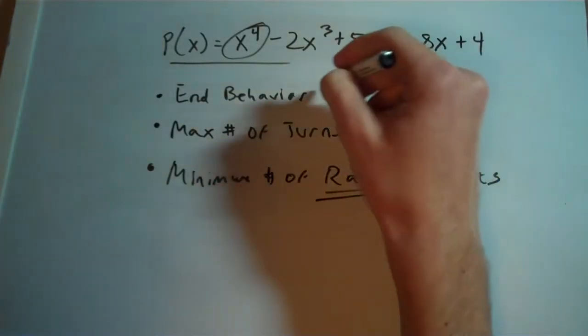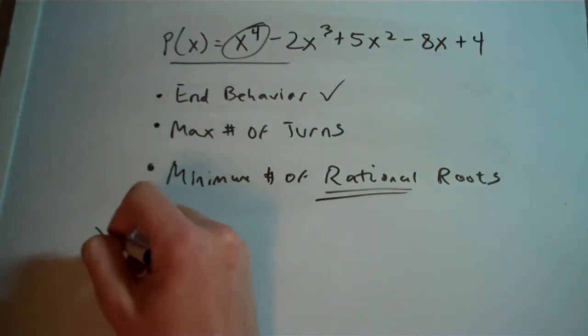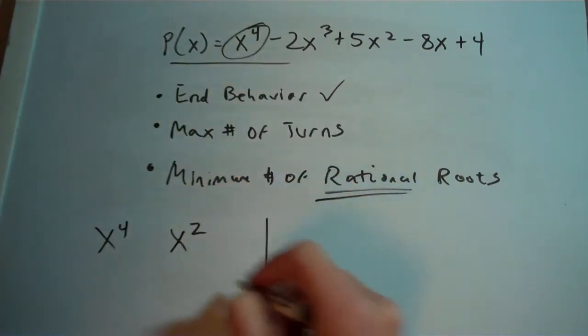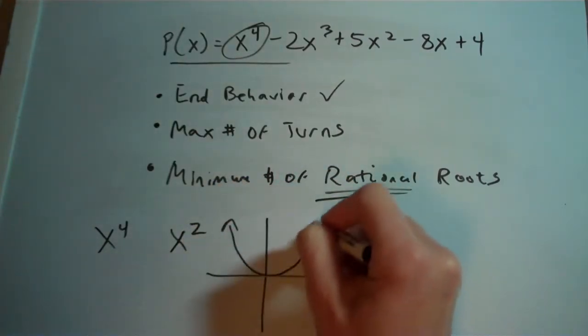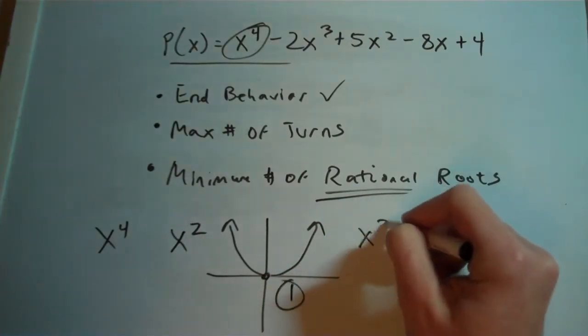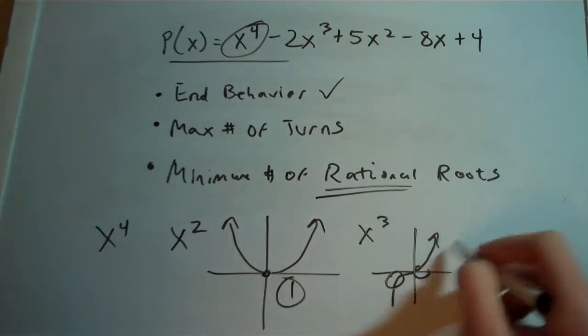So that's end behavior. Max number of turns. So we can see x to the fourth. Let's look at x squared again. A parabola. How many turns did it have? 1. Let's look at x to the third. 2 turns.